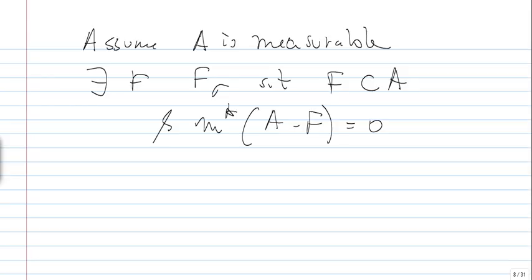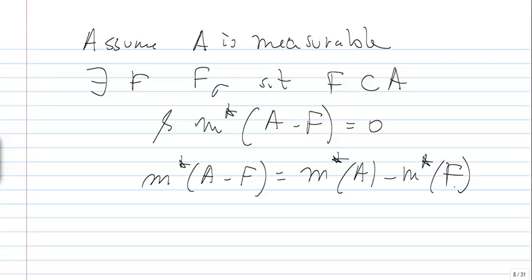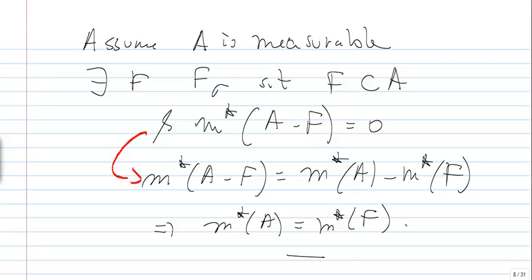So the additivity equality gives us, since F is measurable and F is a subset of A, that the outer measure of A minus F is equal to the outer measure of A minus the outer measure of F. And this implies, obviously, that the outer measure of A is equal to the outer measure of F. So to go from here to here, we use the fact that F is measurable.